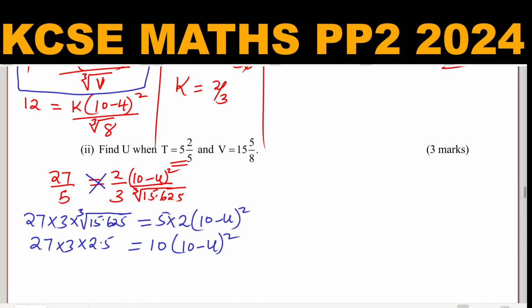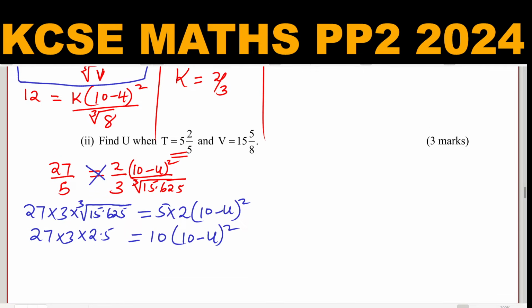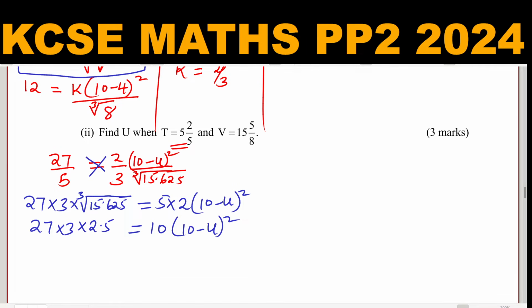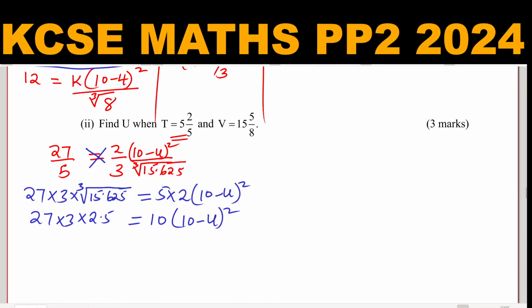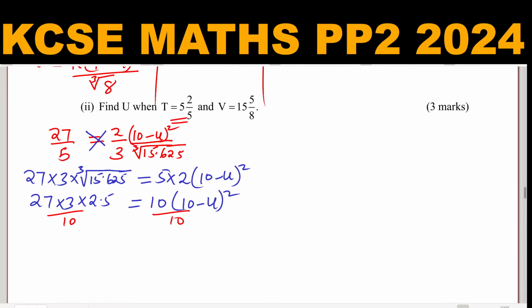We continue to simplify. I can divide both sides by 10. So when you divide both sides by 10, this is what you're going to have: 27 times 3 times 2.5 divided by 10.